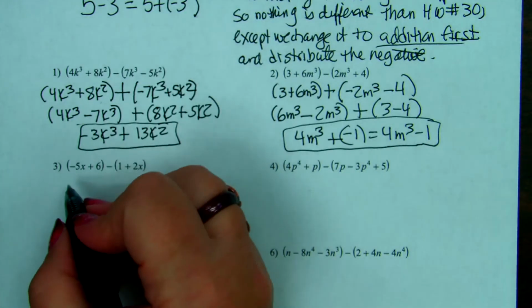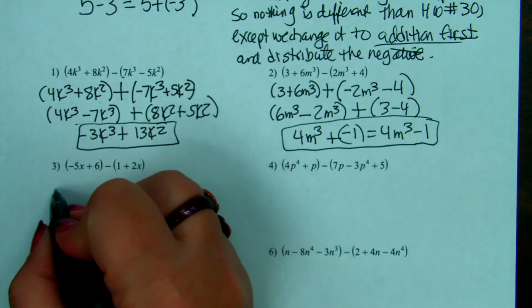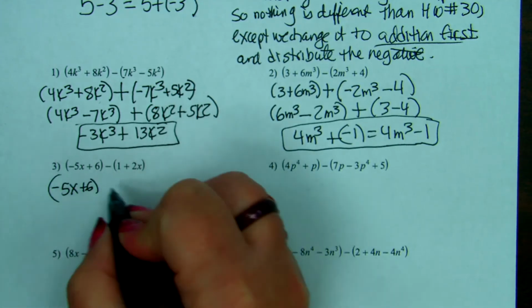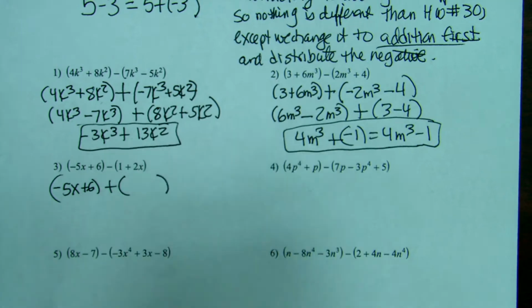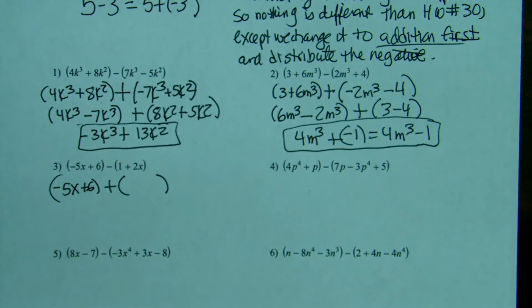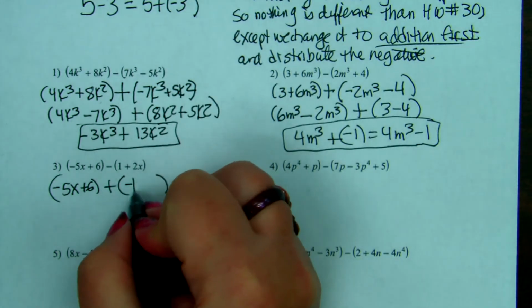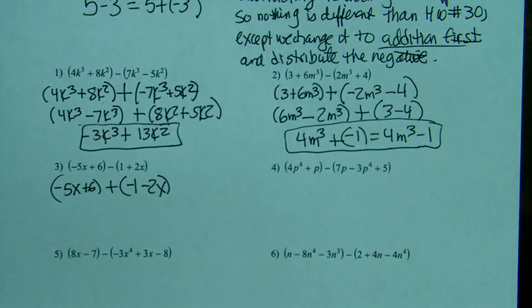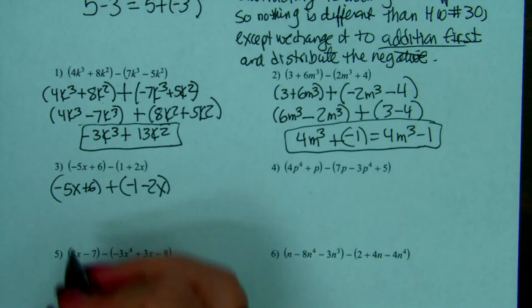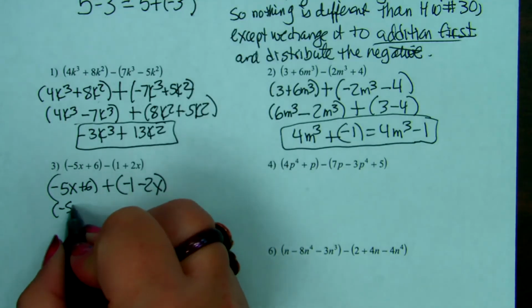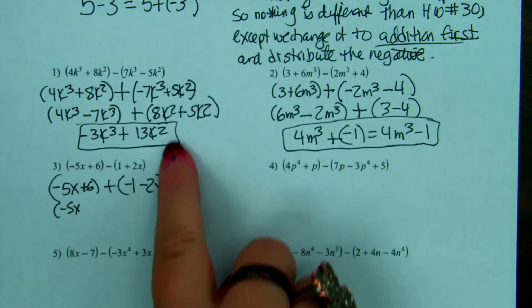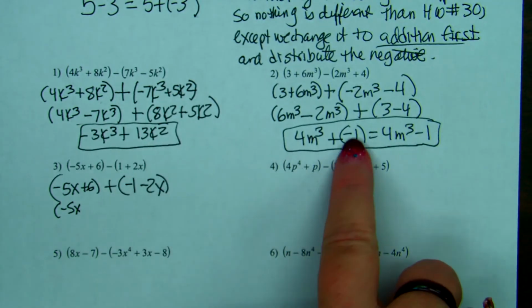On number 3, negative 5x plus 6 stays the same, plus, and then change the signs of the ones inside. Negative 1 minus 2x. Then find the terms that are the same, minus 5x, and we're writing them in standard form. 3, 2, that goes down. 3, and then 0, no exponent.